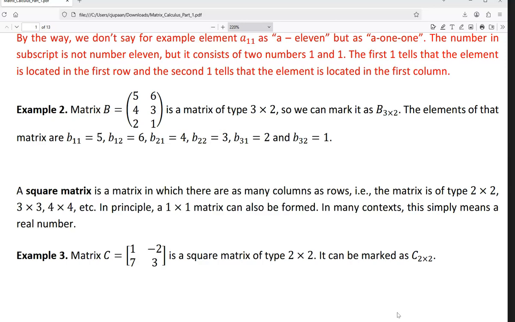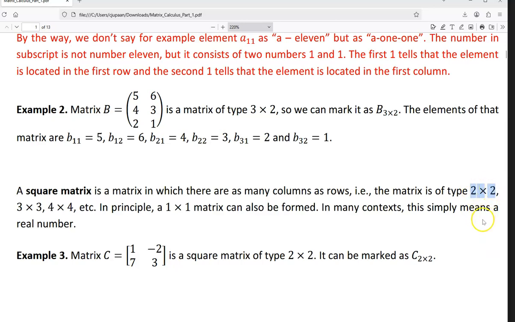It is also possible to speak about a square matrix 1 by 1, a matrix which has only one row and one column. So there has to be only one number inside of that kind of matrix. Of course, the type always tells how many numbers there are.